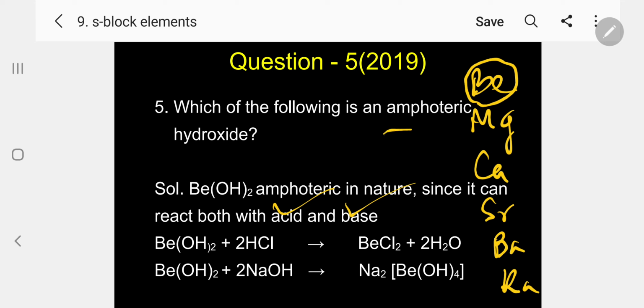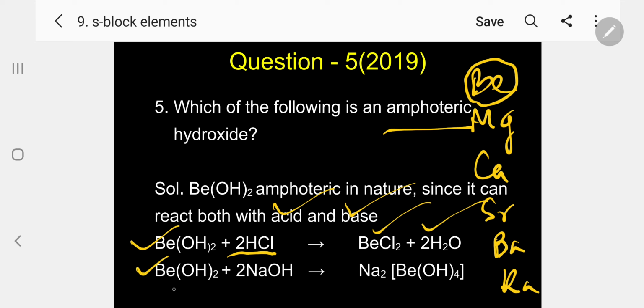Amphoteric means the hydroxide behaves as an acid and as a base. When I treat beryllium hydroxide with acid, it acts as a base. What is the product? Beryllium dichloride plus 2H2O. So in this reaction, beryllium hydroxide is acting as the base.